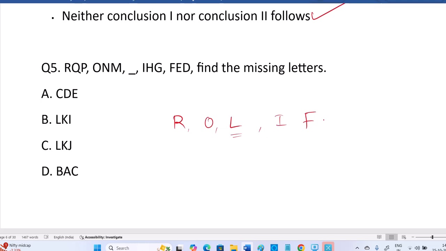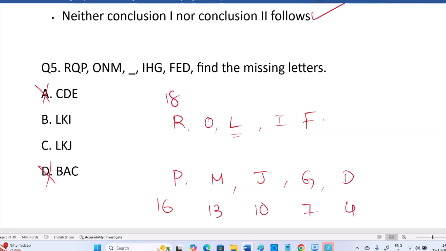And last letter, if you observe, the middle letter K is already fixed. The last letter we have to see, PM. This is 16, 13, then 10, then 7 and 4. 3, 3 gap. 16, 13, minus 3, yes. This is also minus 3. All are minus 3. These also say minus 3 related stuff.